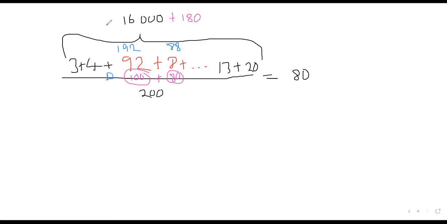It's the opposite. The other one, we over added. Here we under added. So 16,000 plus 180 gives us 16,180, divided by 200 to get the correct mean.